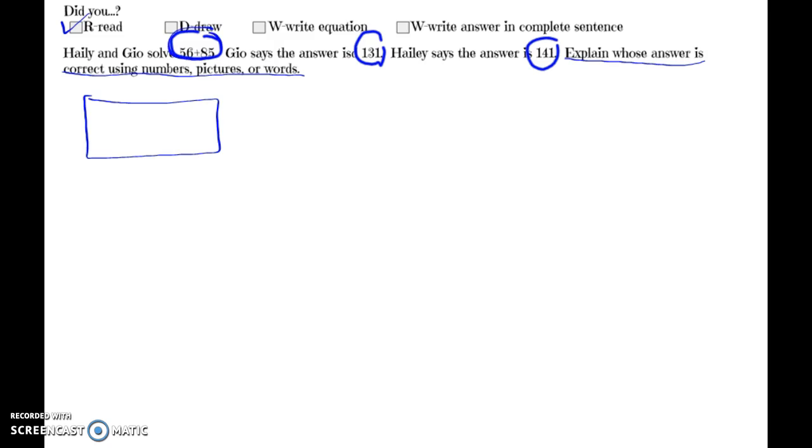I have 56 and 85. So I'm going to put 56 here and then 85 here. I don't know my whole. I know that to find the whole amount, I will need to use the operation of addition.